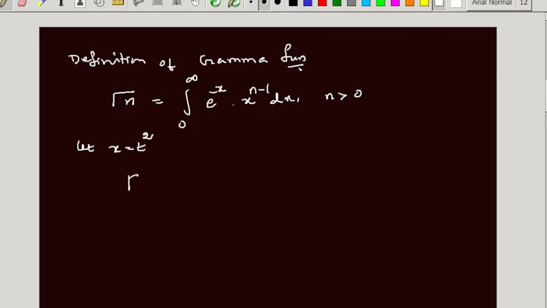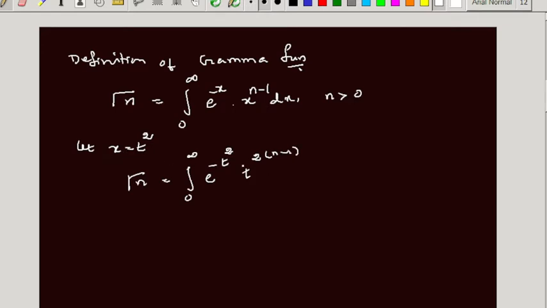So here gamma n equal to, when x is 0, t also 0, when x is infinity, t also infinity. So the limit remains the same, e power minus t square into t square power, and then we put the bracket n minus 1 into dx.